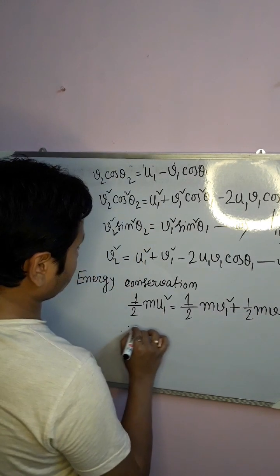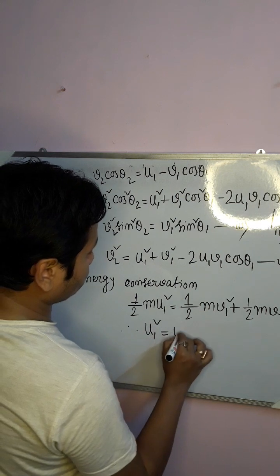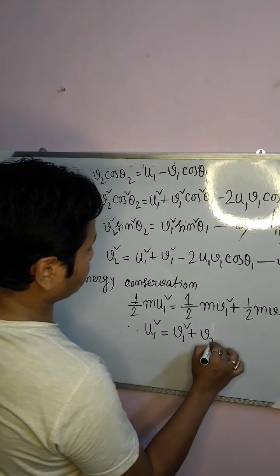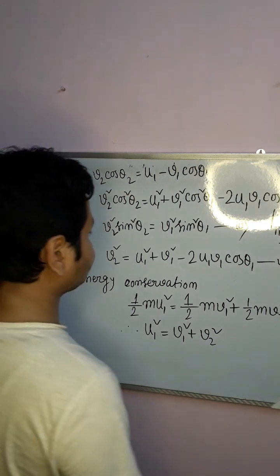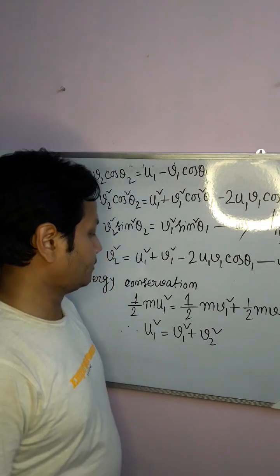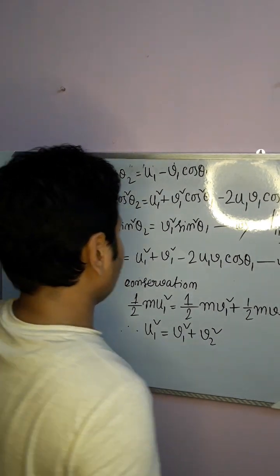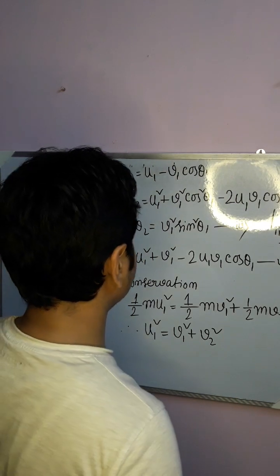Okay, so we can write u1 square equals v1 square plus v2 square. Let us substitute that.